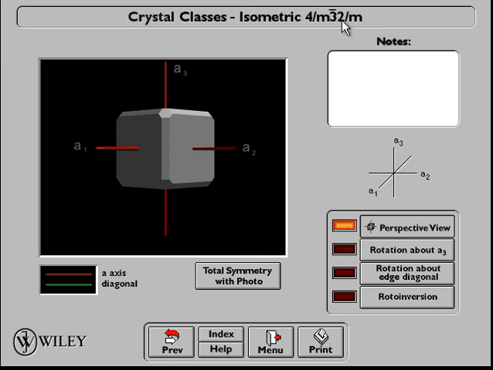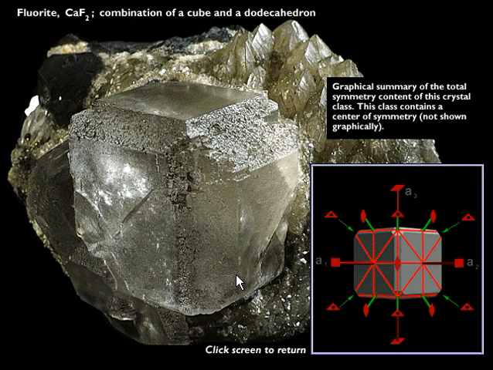Then we have a 2 times rotation axis with a perpendicular mirror plane, and a 3 times roto-inversion axis. We start with the total symmetry using a photo. Here we have a fluoride crystal, calcium fluoride. It's a combination of cube and dodecahedron. We have the graphical summary of the total symmetry content of this crystal class.